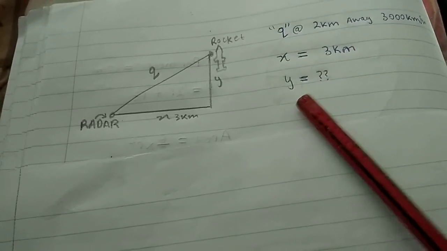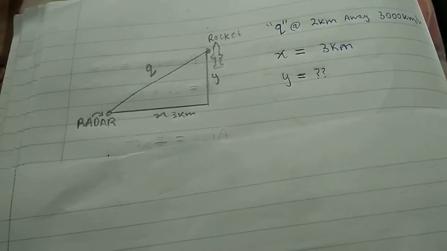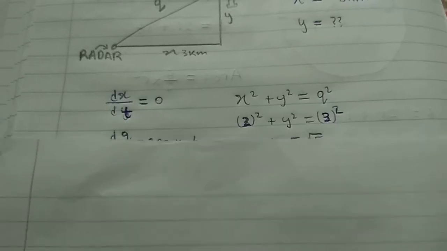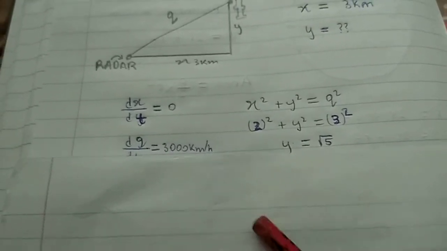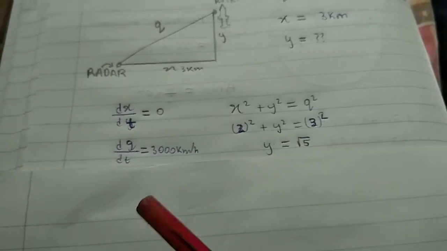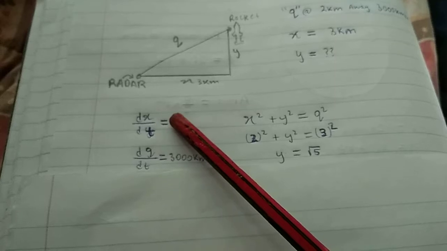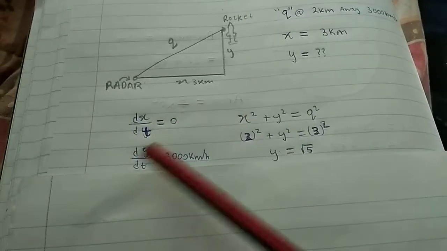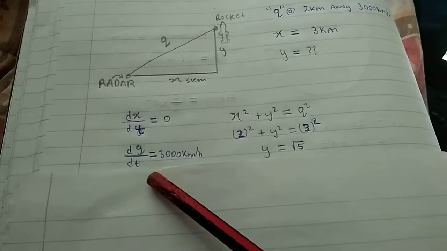We're looking for a change in Y, so we're going to start by looking for Y. So this is our first thing. To get Y, we're going to use the Pythagorean theorem like this. We know that x is a constant, so the change in x is 0, but we also know that the change in q is 3,000 kilometers per hour.